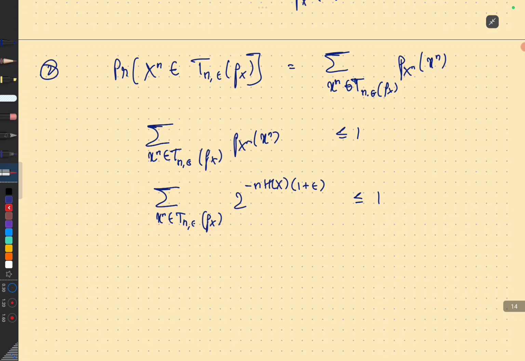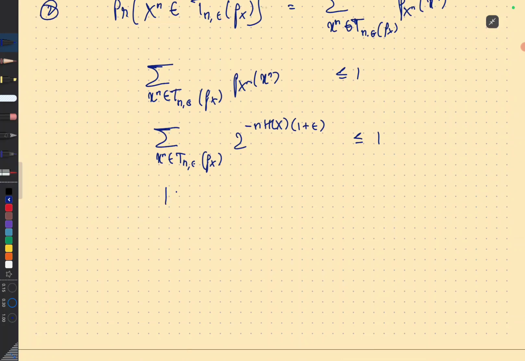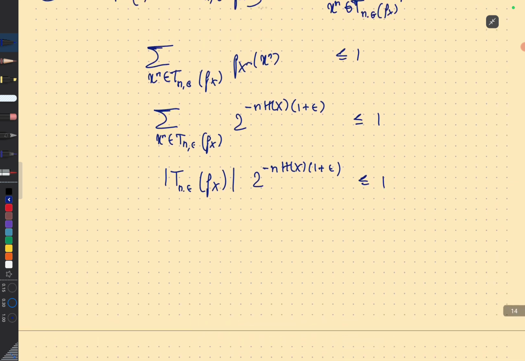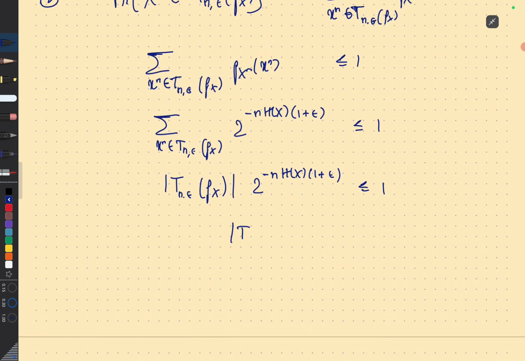The cardinality of the typical set. Which means that the cardinality of the typical set is less than or equal to 2 to the plus n times the entropy of X times 1 plus epsilon.